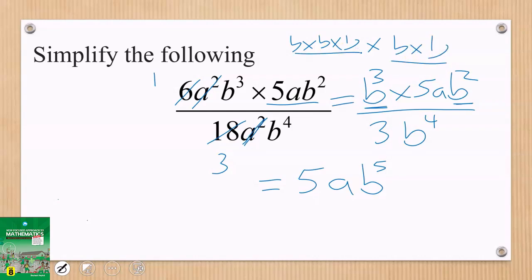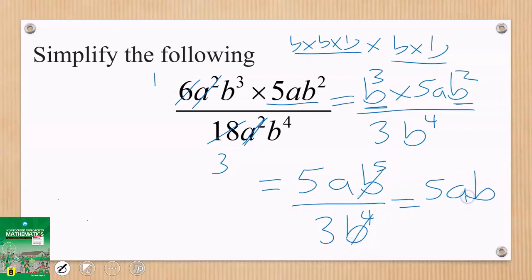So 5 of the b's, all divided by 3 and 4 of the b's as well. Then again, I can simplify the b because I have 4 here and 5 there. When they cancel, I'll be left with 1 b at the top, and down here, no more b. So the answer comes as 5ab over 3.